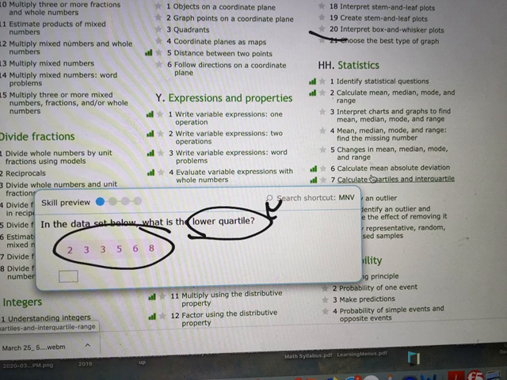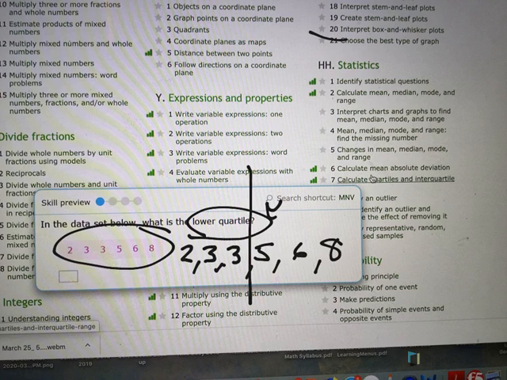I'm going to use this data set right here, and it has already been put in the right order for you, so it makes it easier. But if it wasn't, to figure out the lower quartile, we would separate everything in half. Here are my data points, and this is my lower half and this is my upper.